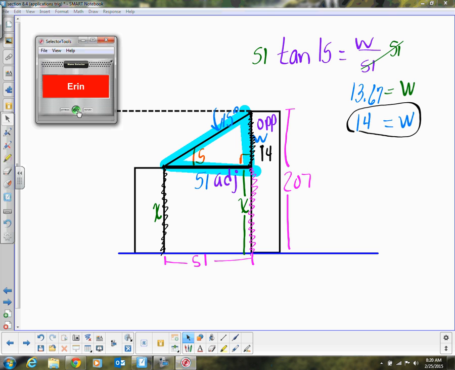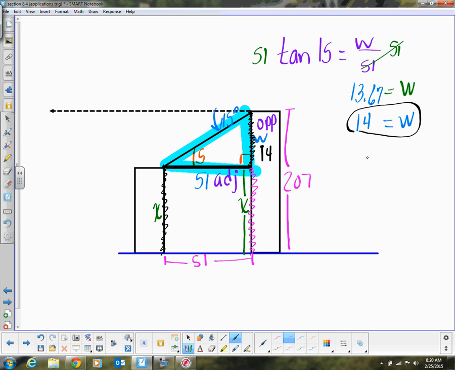Hold on, let's see what this comes up. 14.27. Excellent. We're going to subtract 14 from 207. Guess what the EOC would have had as an answer? 14. Go back and make sure you answer the question.